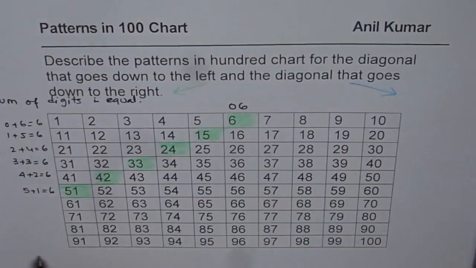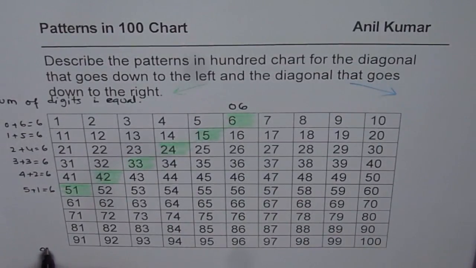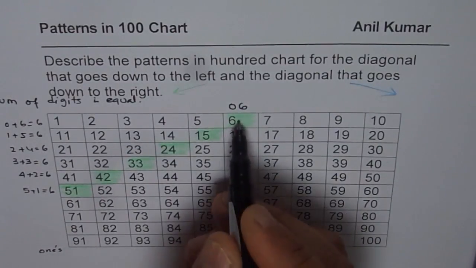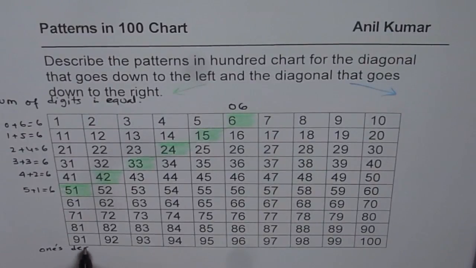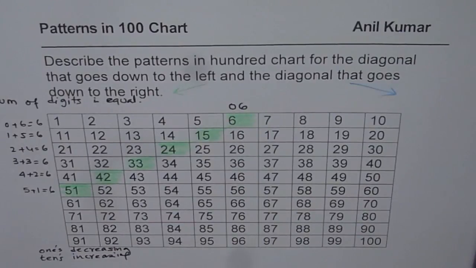So ones place decreasing and tens increasing, and decreasing by 1. I hope that is clear, right?